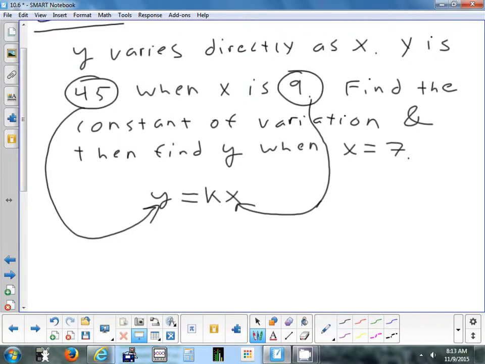Sam, can you tell me what I get when I fill that in? 45 equals 9k. Yeah, so what you did is perfect. Whoops, what I did is not. So she said 45 equals 9k. I had 45 equals k times 9.